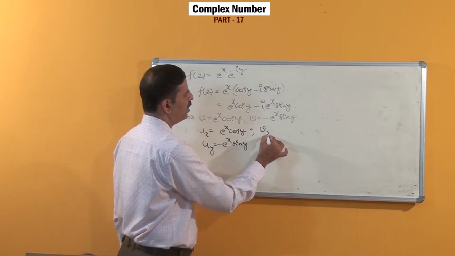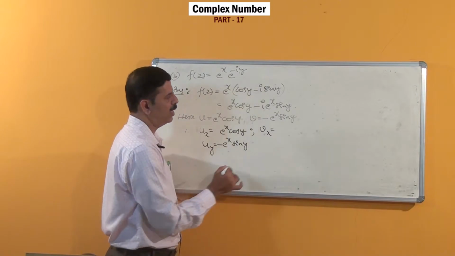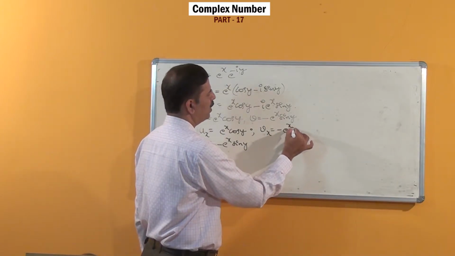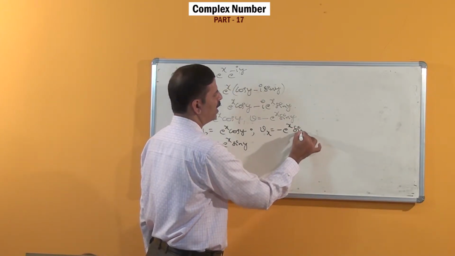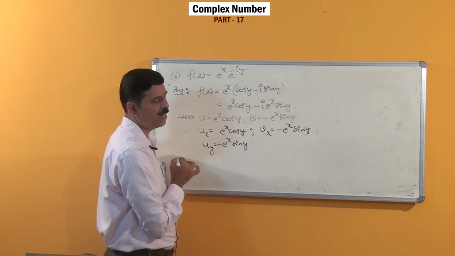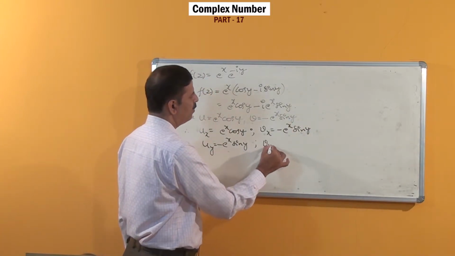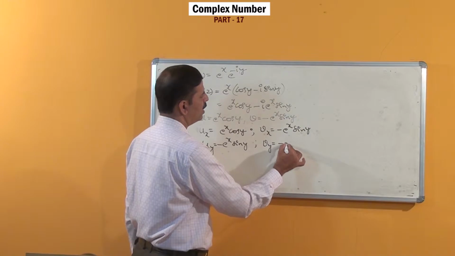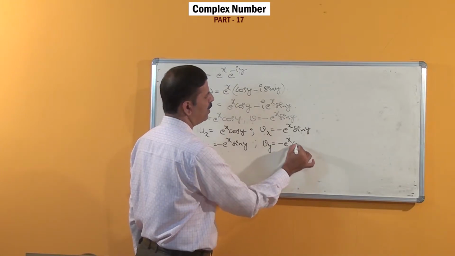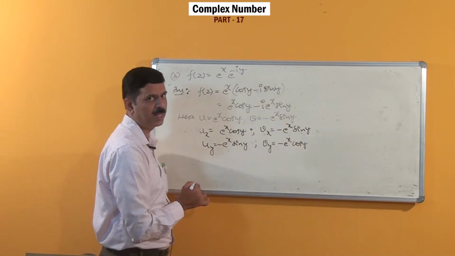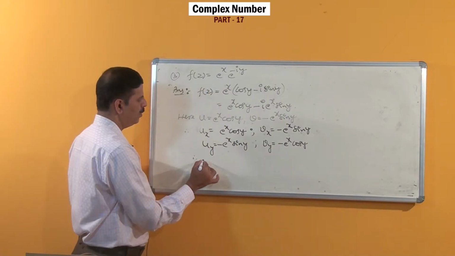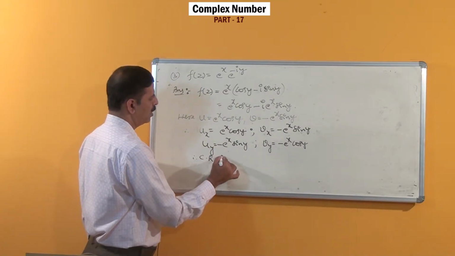Similarly, we differentiate v partially with respect to x: vx is minus e power x sin y, where the y term remains constant. Similarly, vy is minus e power x times the derivative of sin y, which is cos y.